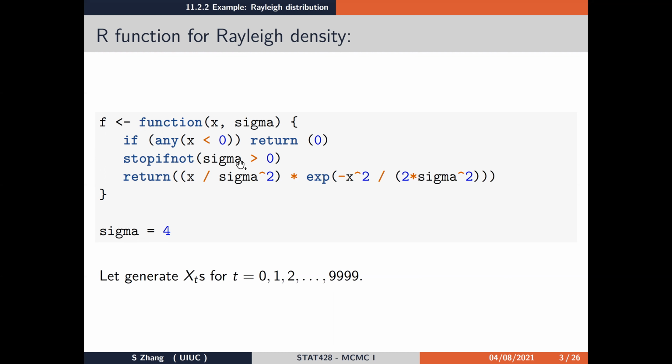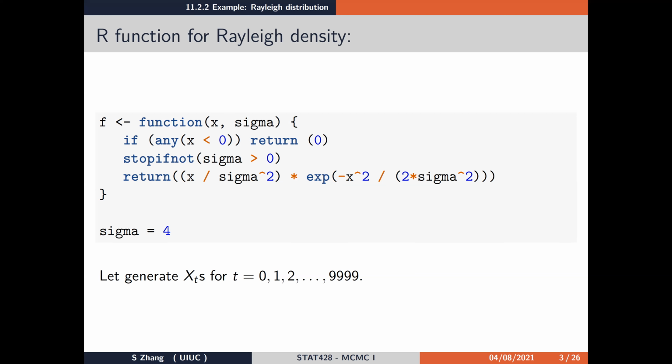And if sigma is not positive, we will stop and say this is not a valid sigma. Otherwise, this function will return f(x), the Rayleigh density, which is given by x divided by sigma squared times the exponent of this term.